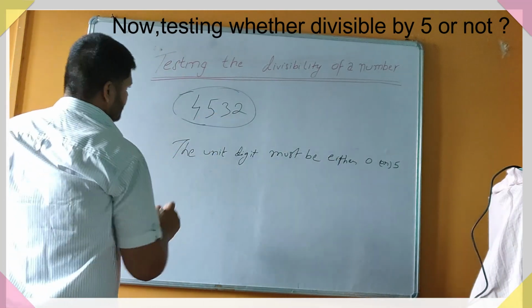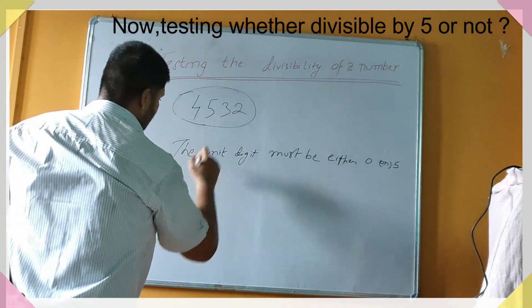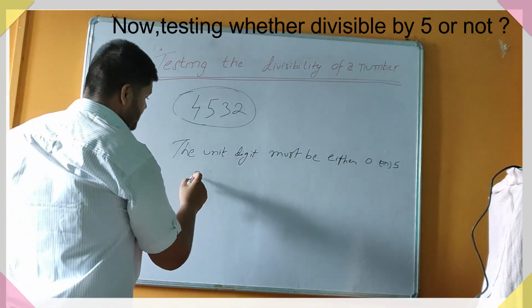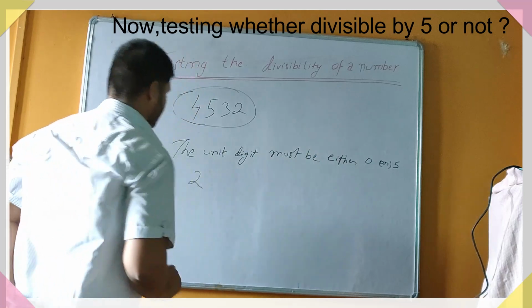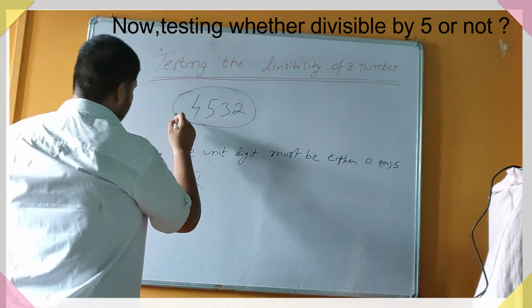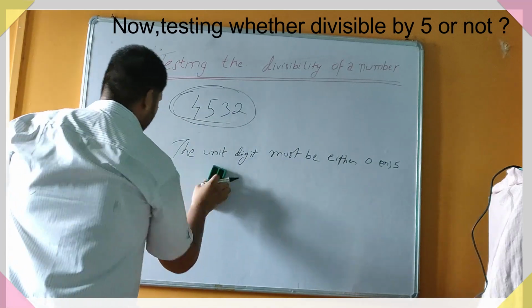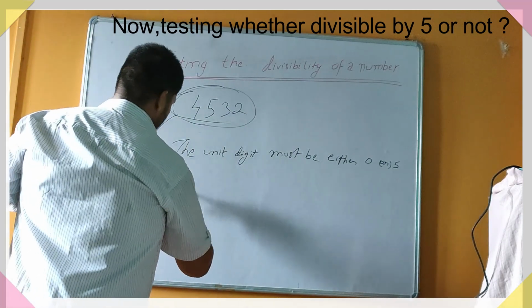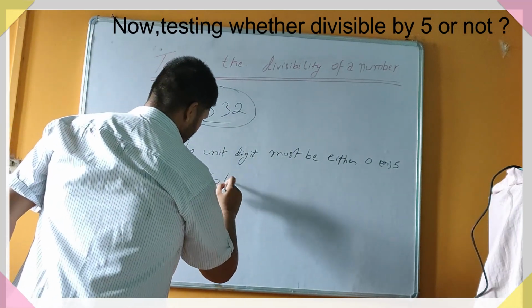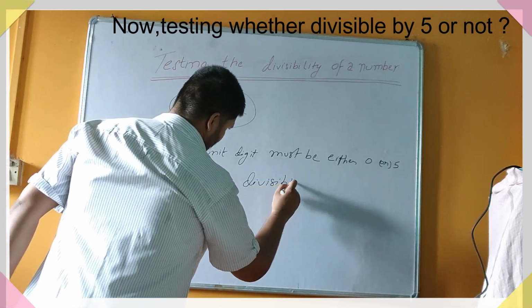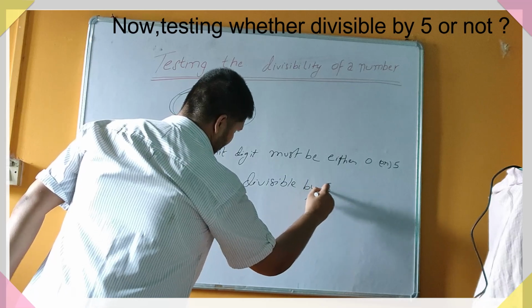But here the unit digit is 2. So this 2 is neither 0 nor 5. Then we can say that this whole number is not divisible by 5.